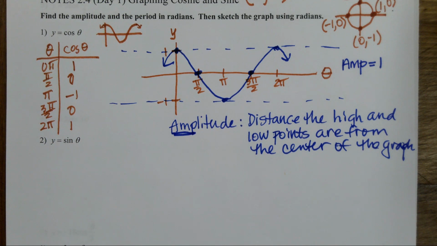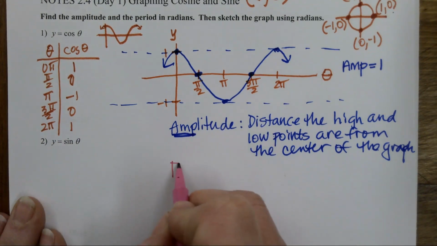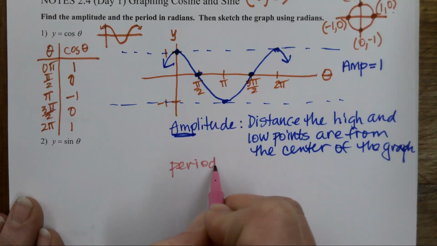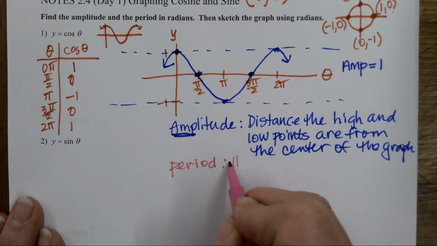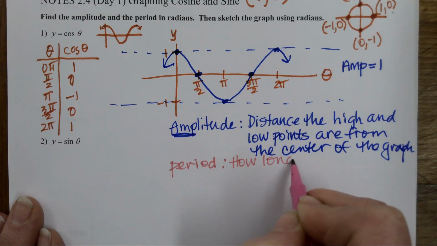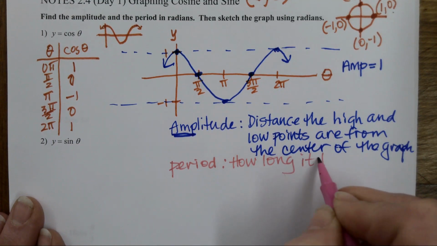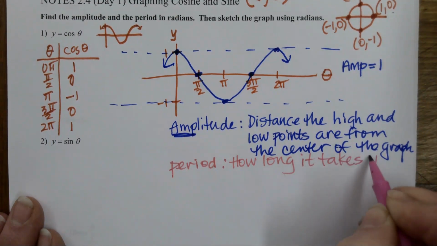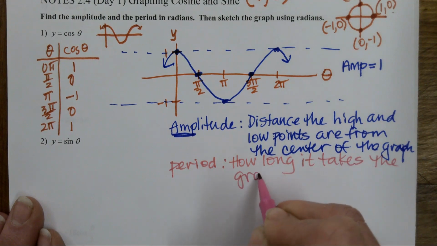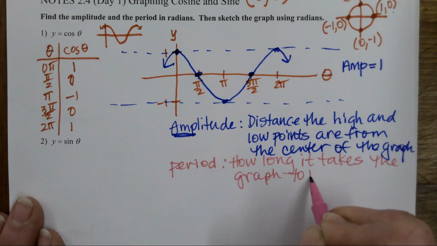I also have something called a period on the graph. And the period is how long it takes the graph to repeat itself.